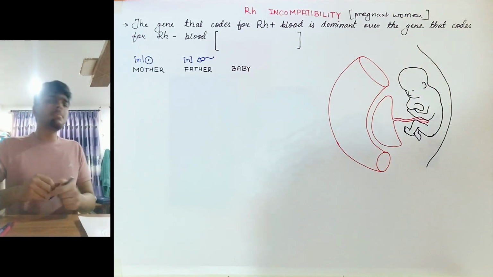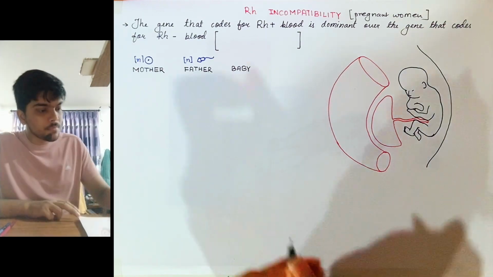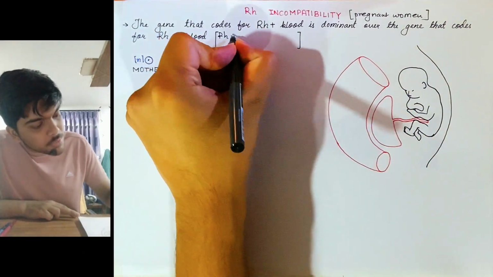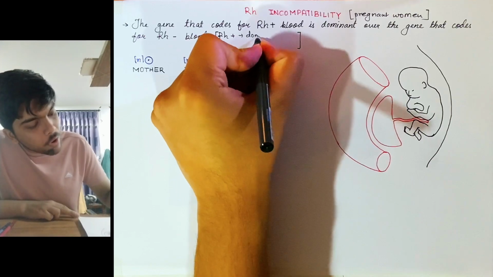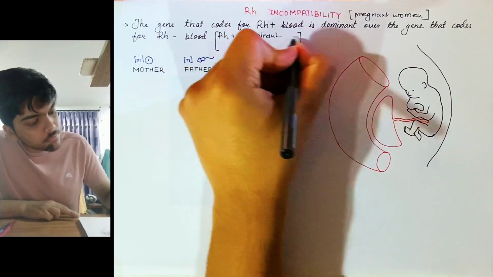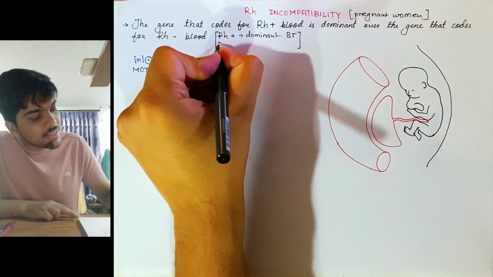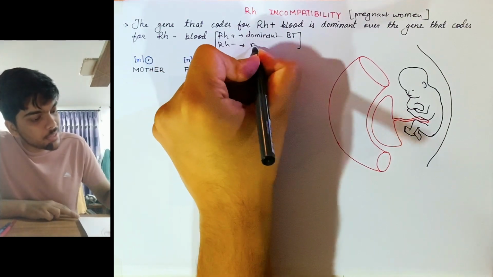Or in simple words, RH positive blood is the dominant blood type, and RH negative blood is the recessive blood type.